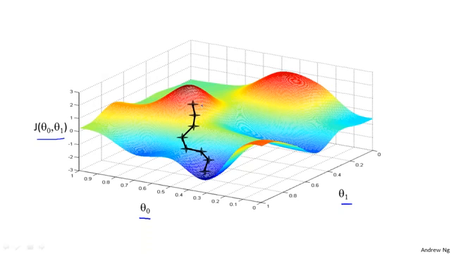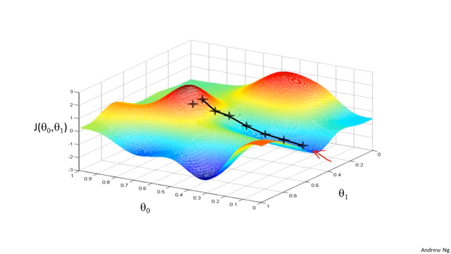Gradient descent has an interesting property. The first time we ran gradient descent, we were starting at this point over here. Now imagine we had initialized gradient descent just a couple steps to the right, at that point on the upper right. If you were to repeat this process, start from that point, look all around, take a little step in the direction of steepest descent, then look around, take another step, and so on, gradient descent would have taken you to this second local optimum over on the right.